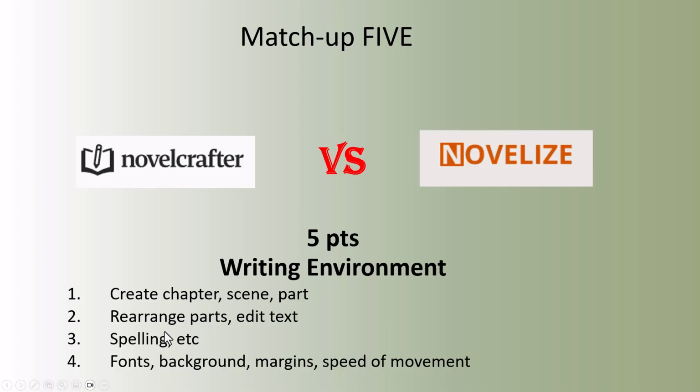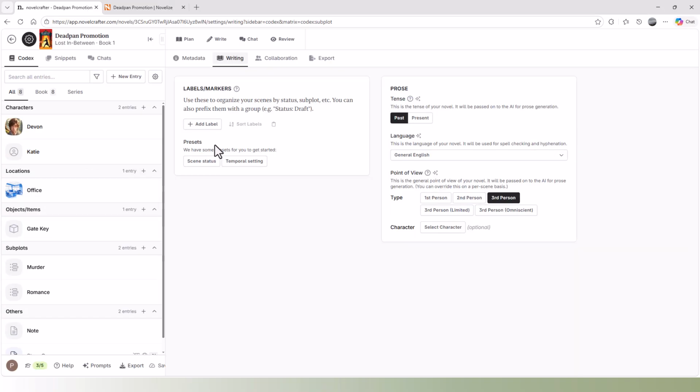So what about spelling and the fonts and backgrounds? With Novelcrafter, you'll see a lot of these things where there is this AI field here for languages, point of views, and you can actually use AI to help you develop certain parts of your story. And it's set up to use AI for helping you do this.